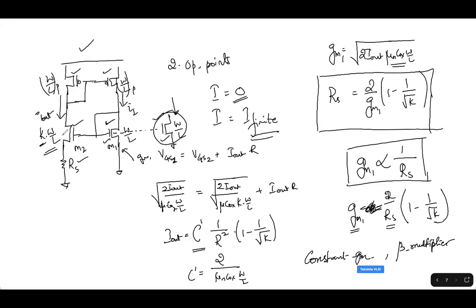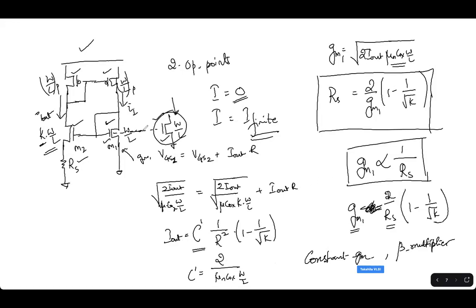Meanwhile, if you look at what I out is, the I out equation is 2 by mu Cox W by L, 1 by R square, times 1 minus 1 by root of K. There is nowhere a voltage mentioned. Hence, it is also a supply independent biasing.